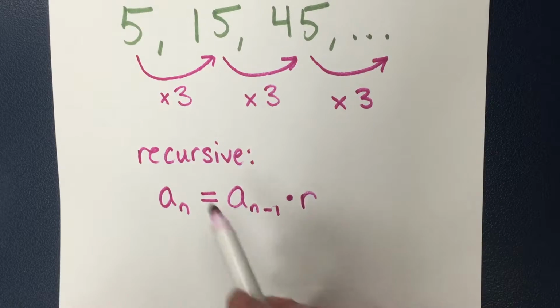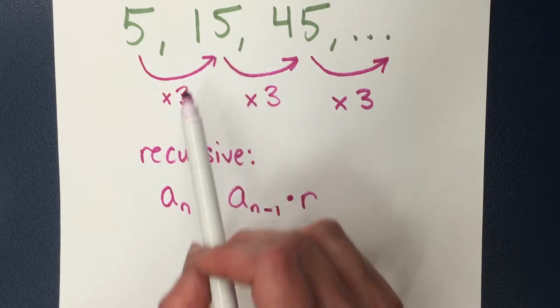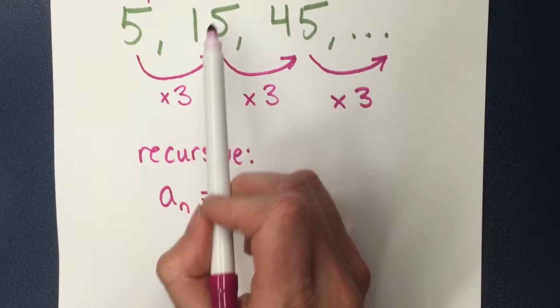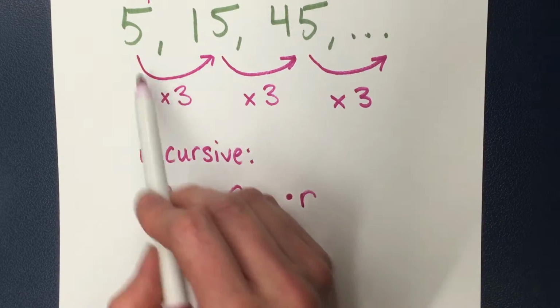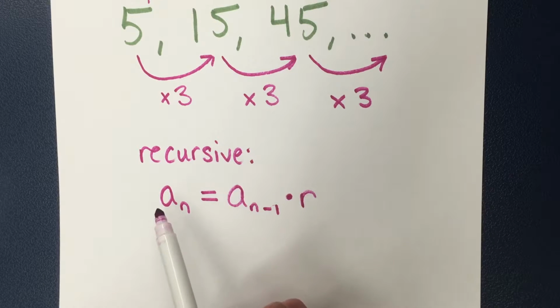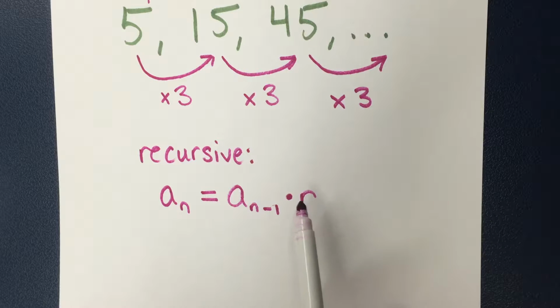And of course we talked about the fact that if for some reason it's not as simple as 5 times 3 is 15, we can always say, what's a2 divided by a1? What's 15 divided by 5? That's 3. And we can figure it out that way. So that's a recursive definition. Each value is the previous value times r, the common ratio.